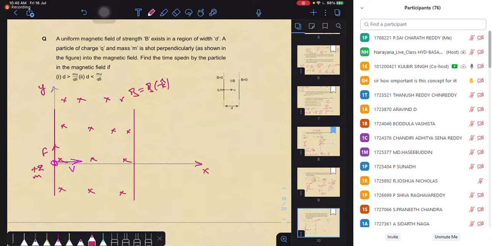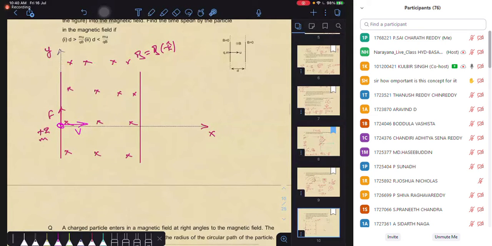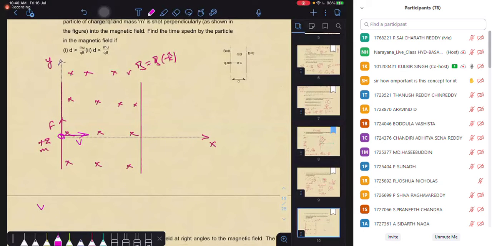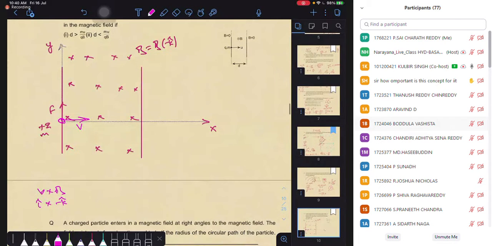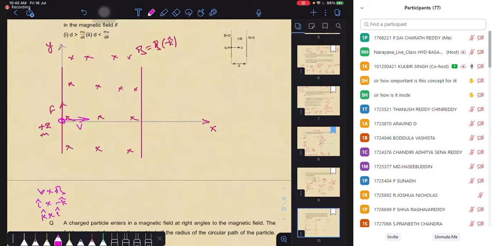If you still have confusion in the right hand thumb rule, you can take it as v cross B. You have velocity in the i direction and magnetic field in the minus k direction. So I can take it as k cross i. In vectors, the simple way of finding k cross i is to take the cross product of i, j, k in the circle, and the circle is positive if taken clockwise.